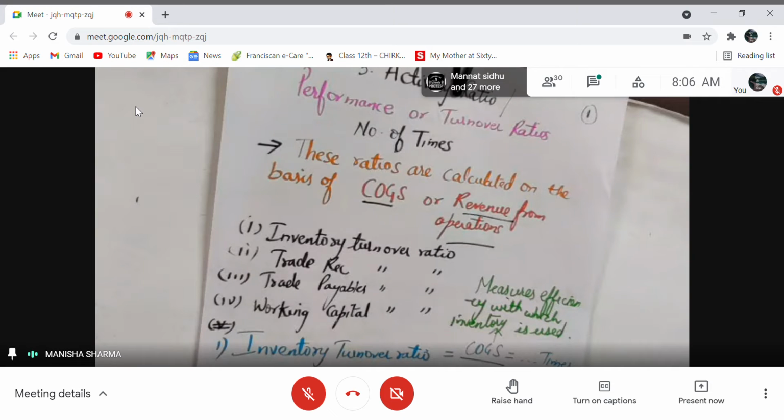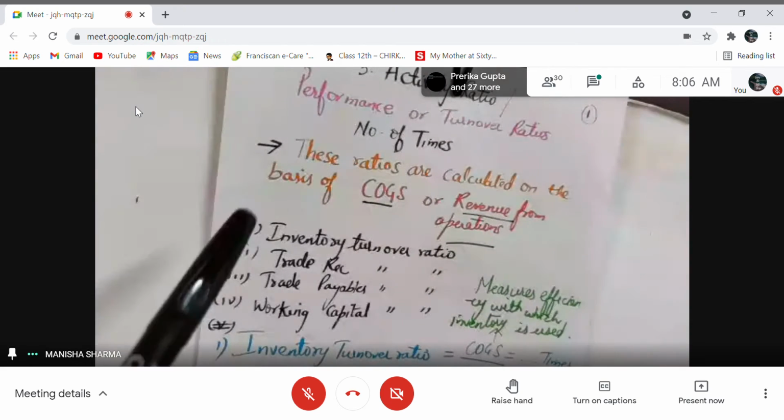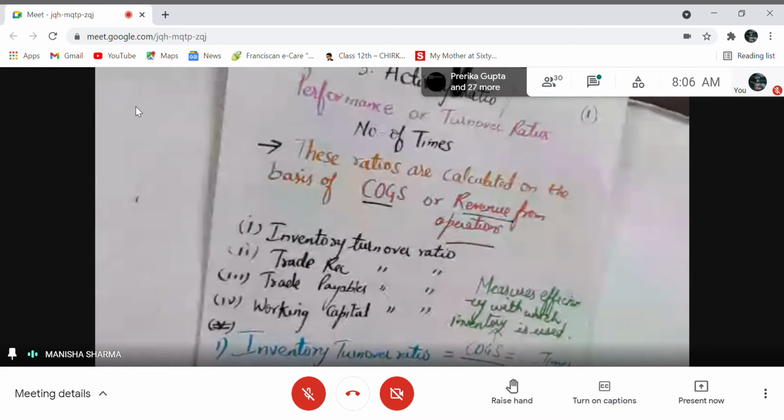Otherwise, all ratios were pure ratios. But now here, for activity ratio, it is very important to remember that you will always express it not in the form of ratio, but in number of times, right?